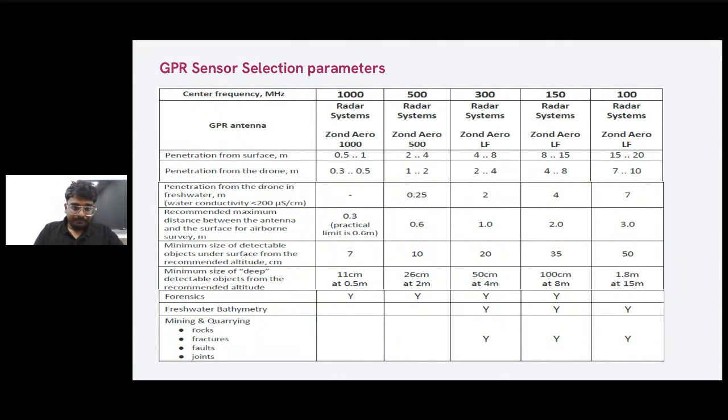So first, the 1000 megahertz frequency signals. These are the basic properties of such a sensor. It can travel up to a maximum of 1 meter, but 0.5 meter is what it usually detects from the drone. And the size it can detect will be up to 7 centimeters.